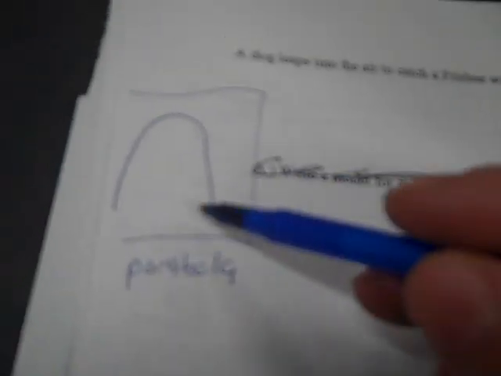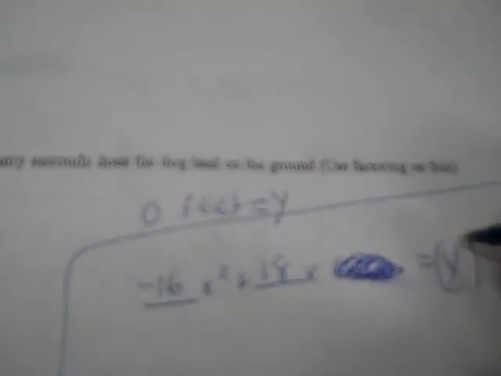Now, he lands on the ground, so again, that's 0 feet, and we'll be replacing the y then, because feet is y, with 0. So negative 16x to the second power plus 18x equals 0. Now I got to find the two answers for x, okay? We have x to the second and x to the 1. So we have our 0. If you don't have 0, that's something you'll have to deal with, but that doesn't happen in this packet.